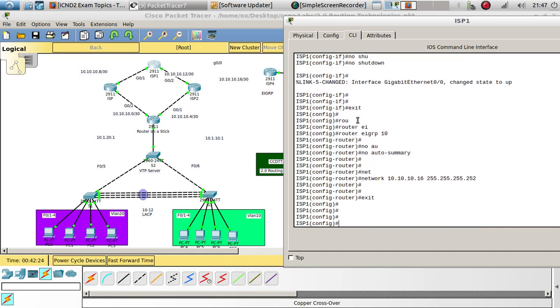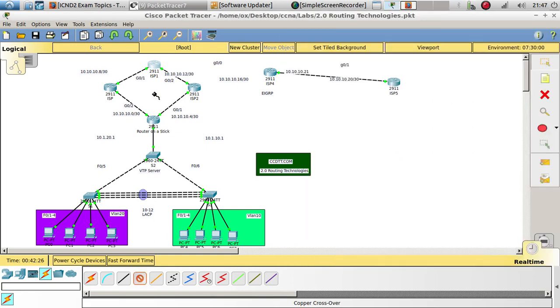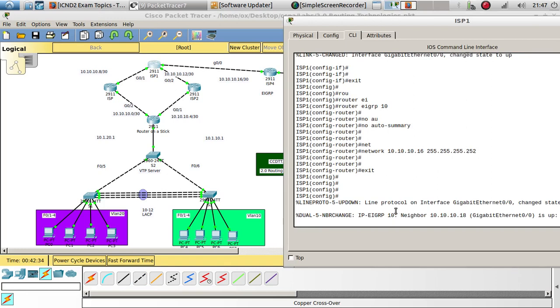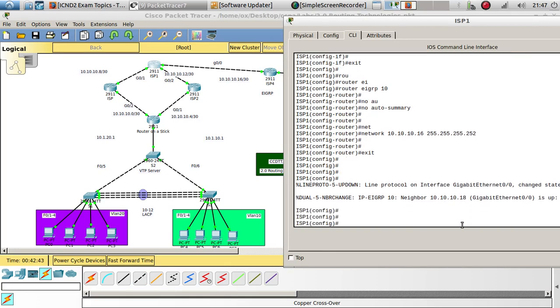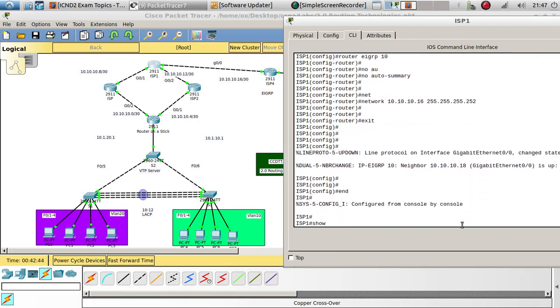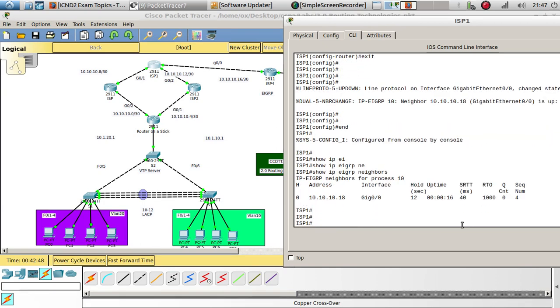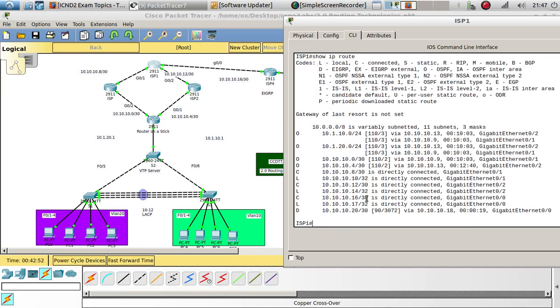Exit out of here, and now let's go ahead and plug in ISP1 to ISP4. Then after that, now we see that we have EIGRP, and we have a neighbor coming from 10.10.10.18. If we do a show ip eigrp neighbor, we have it right here. Let's do a show ip route.